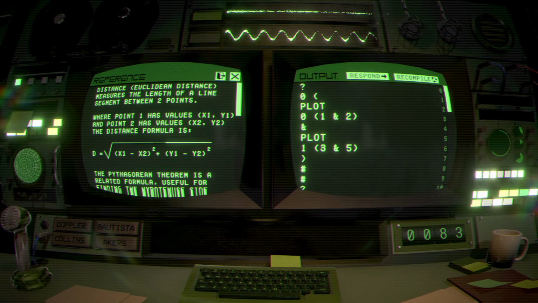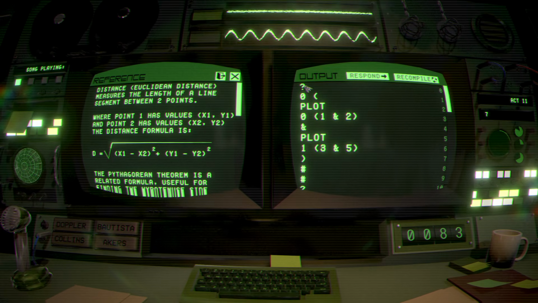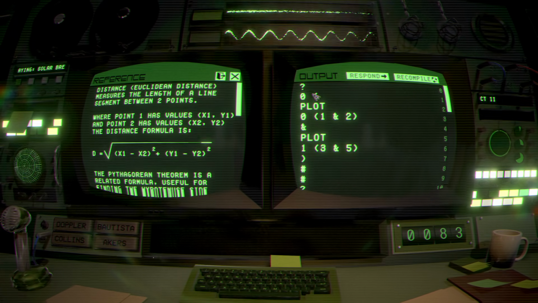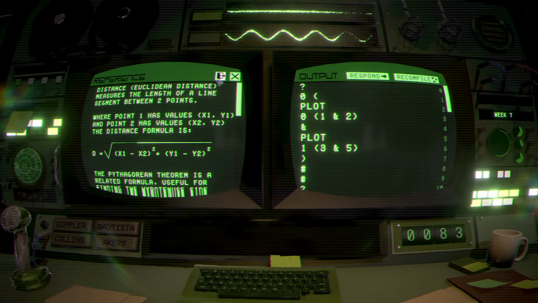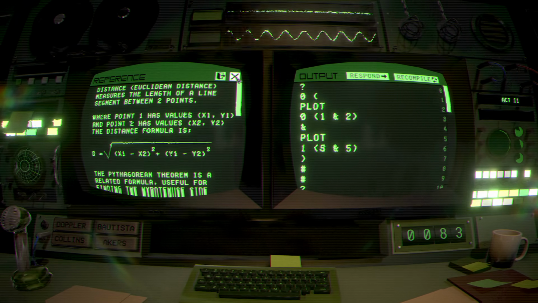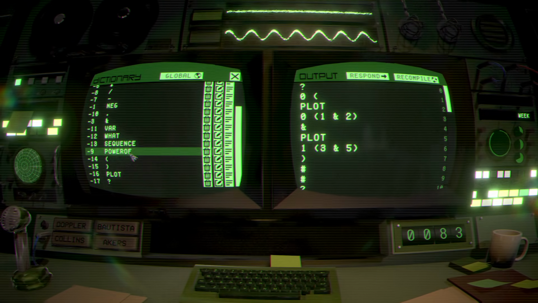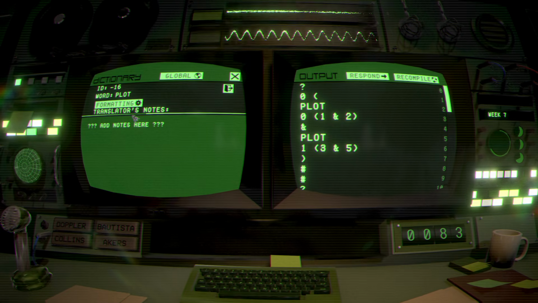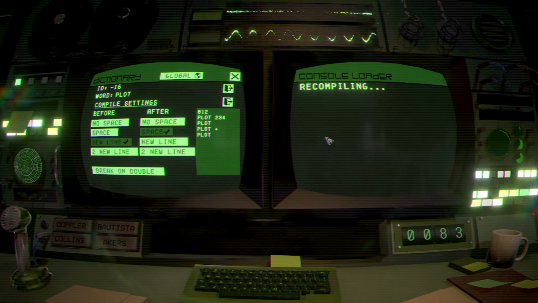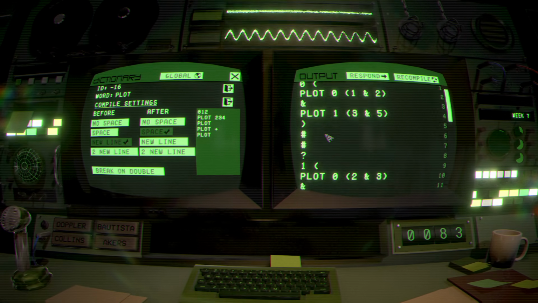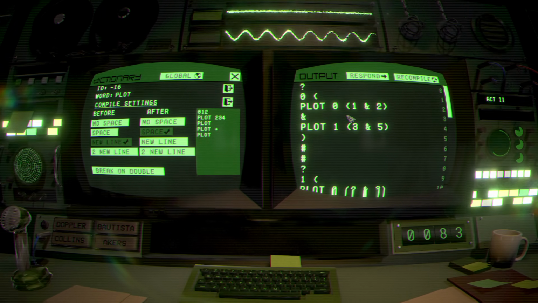Here we go. So this could be intriguing. Distance might be what they're asking. Okay, so what? 0. Sorry, let me run through the dictionary again. Something's up with this. How do we want this to look?